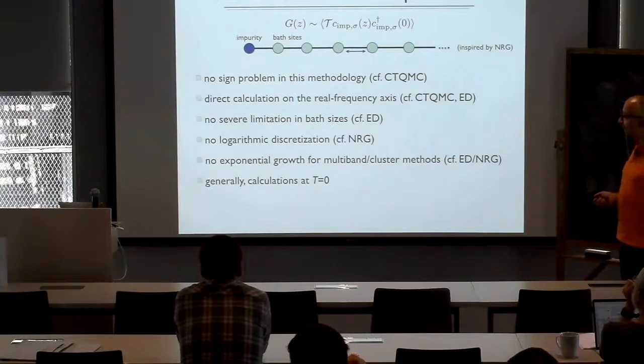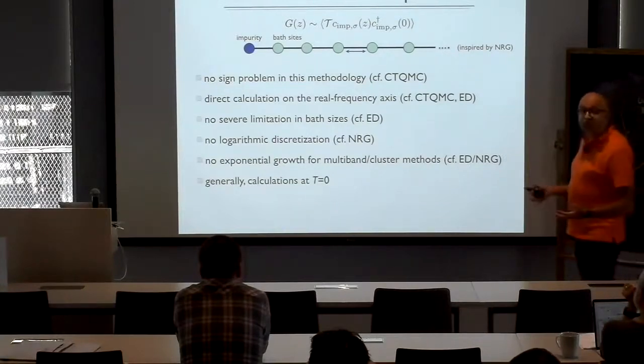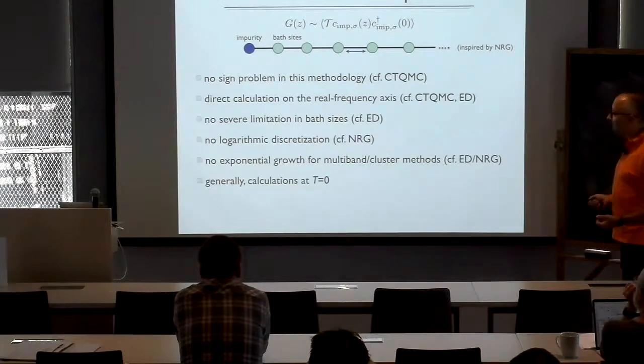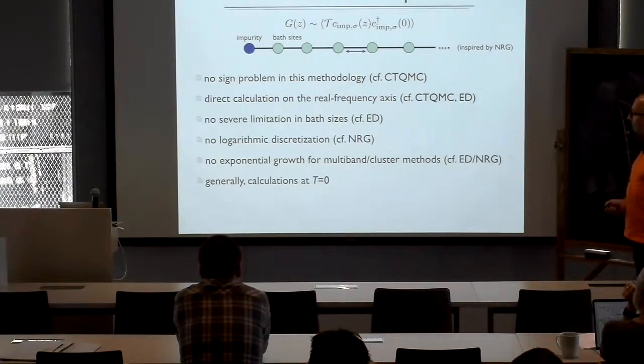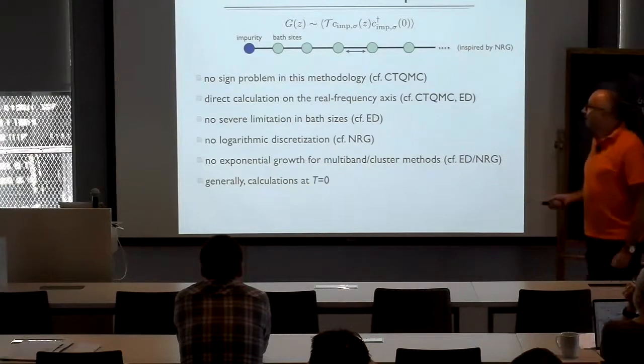You're essentially very free to discretize how you want. Then if you look at multiband cluster methods, it will become more complicated, but there will not be an exponential growth in the complexity. And given that CTQMC has a hard time getting to really large beta, we go all the way. It's a calculation at beta equals infinity. So that's the sales pitch.